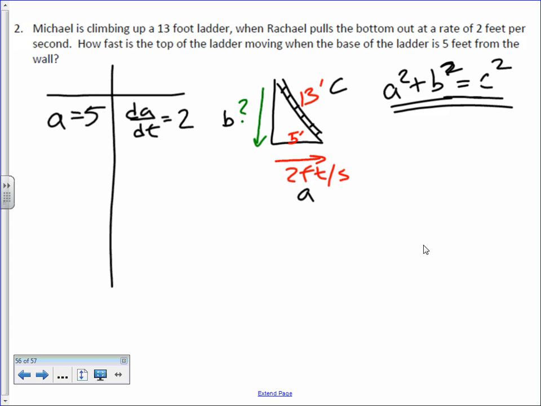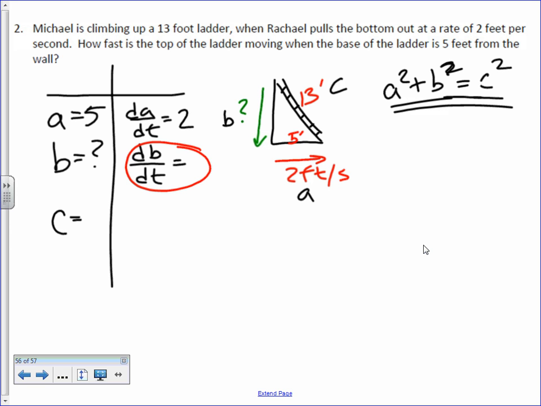Now B, what is B? Well, I don't think we were given that in the problem, how high the ladder is up against the wall. What about dB dt? Well, this is the one we're trying to find, so I'm going to circle that because that's the one unknown we're trying to find here. Okay, now finally, what is C?